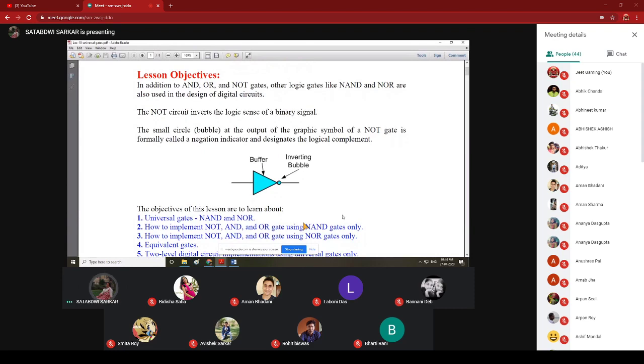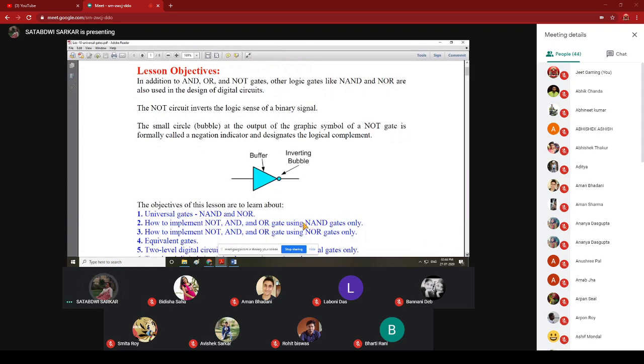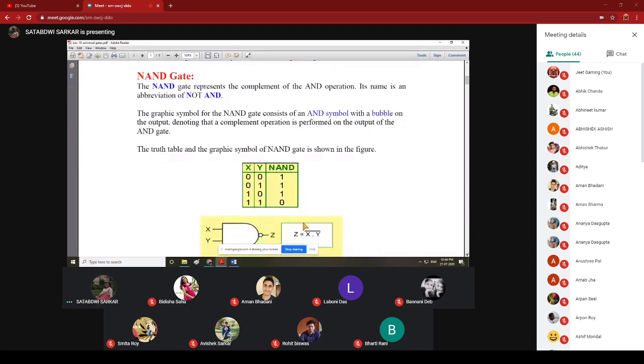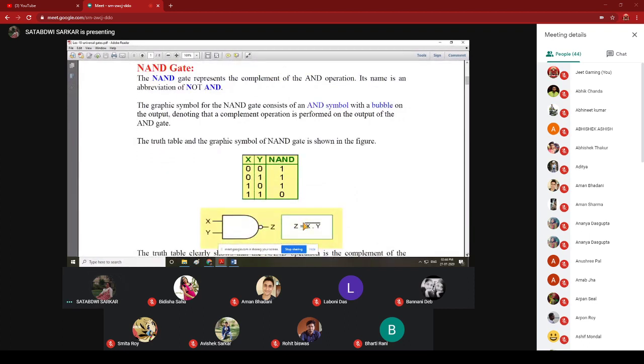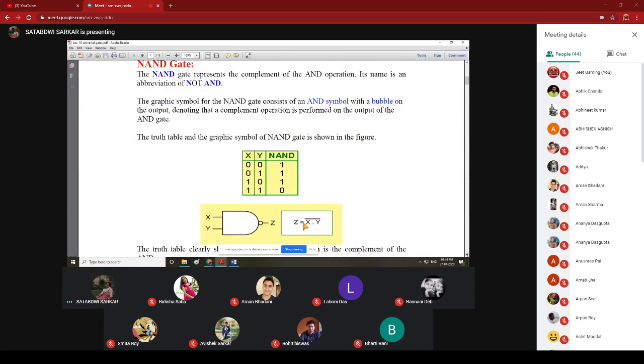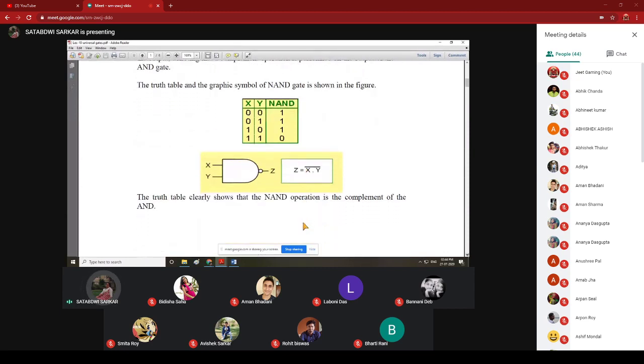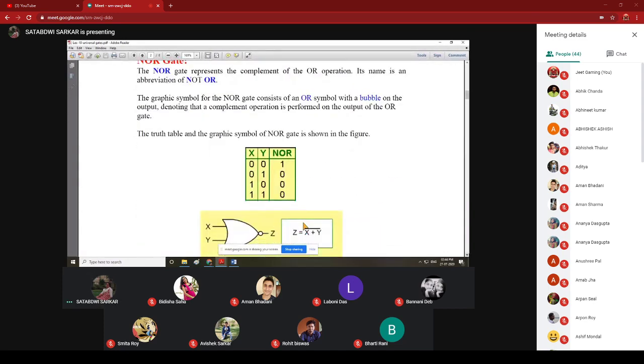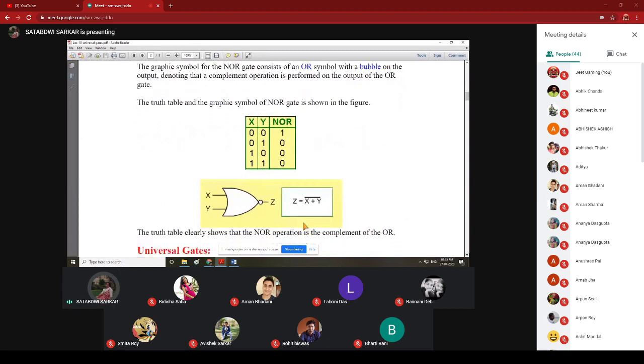This is the bubble. So now the NAND gate is the NAND operation, as I have already shown you, and this is the NOR operation that is also shown.